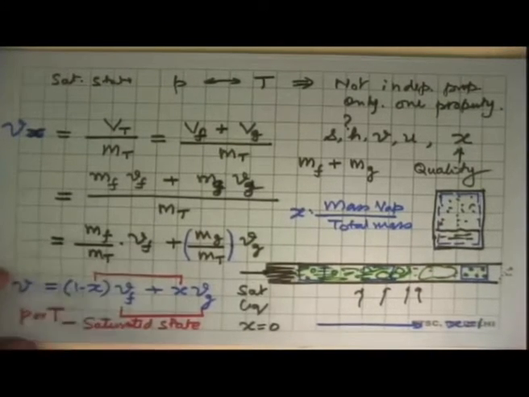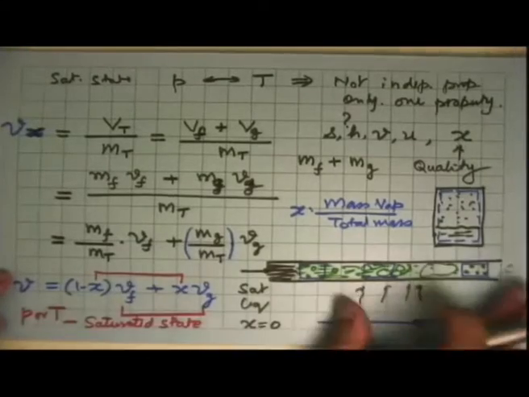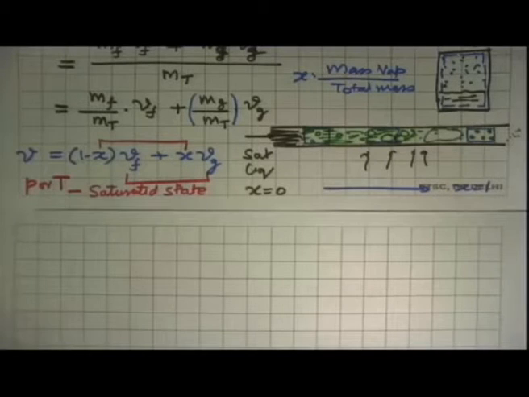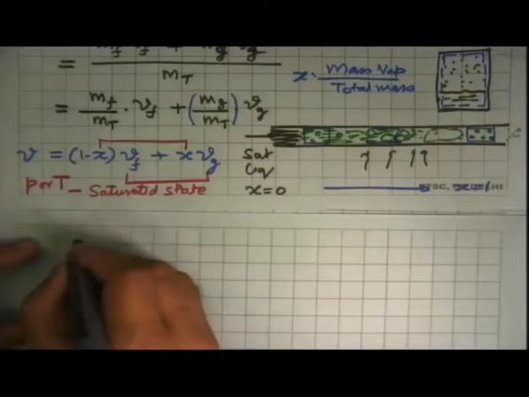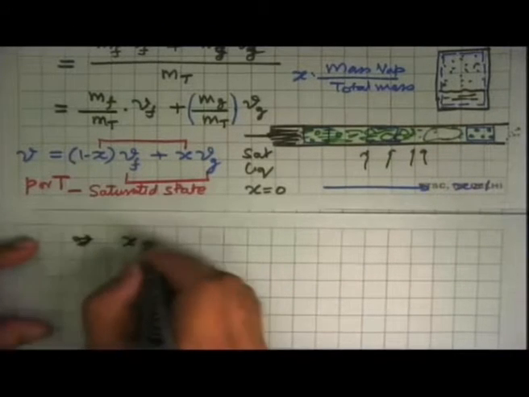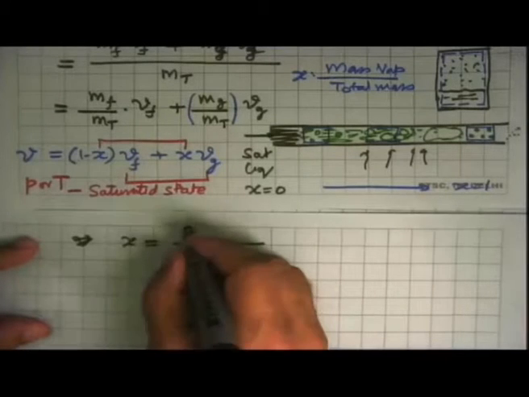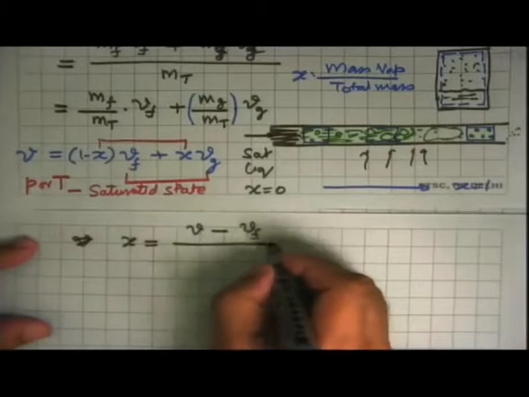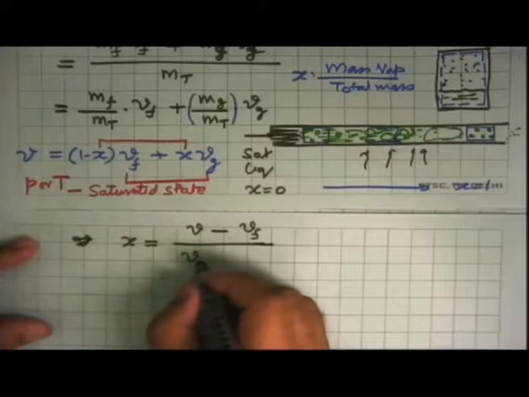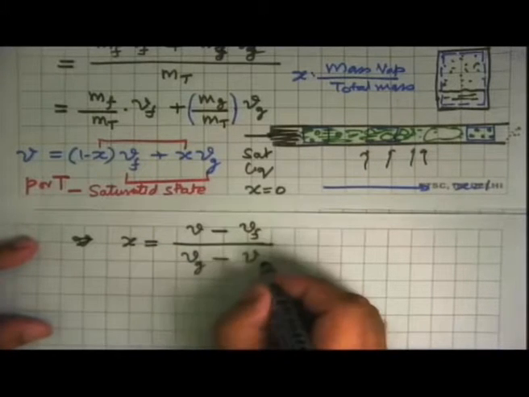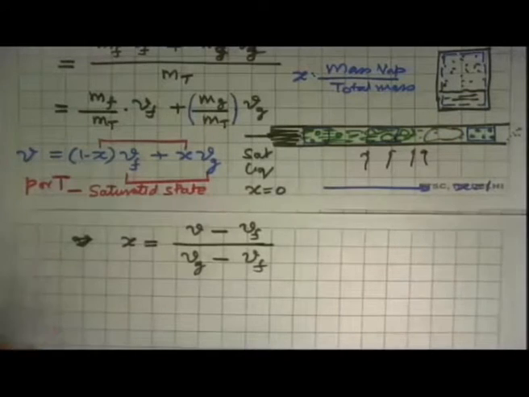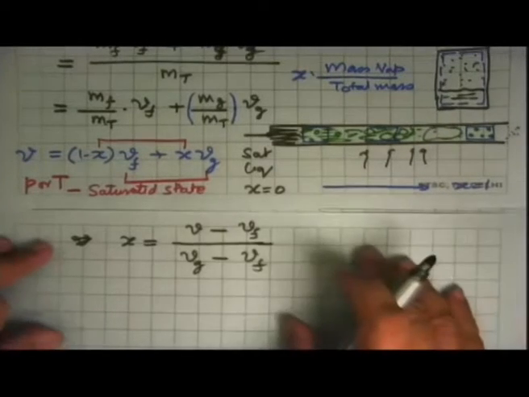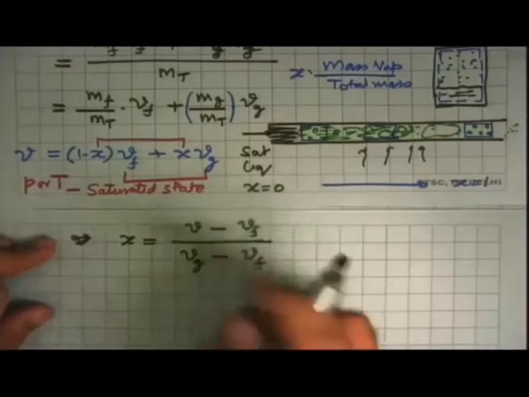We can recast this equation and write x is equal to, and if we do that, we get the answer that x is equal to V minus Vf, upon Vg minus Vf. That's how we can calculate it.